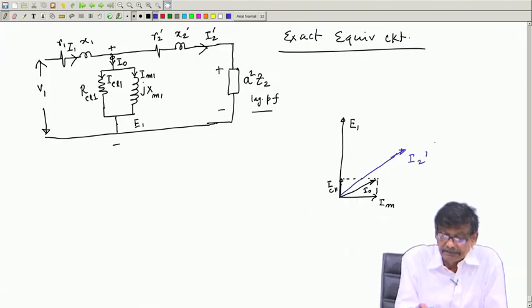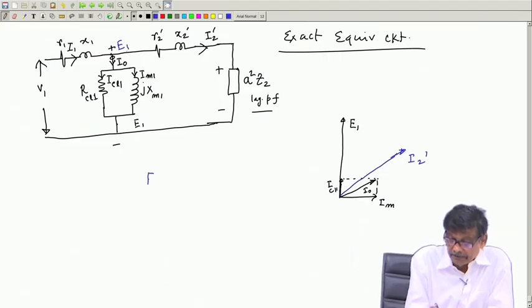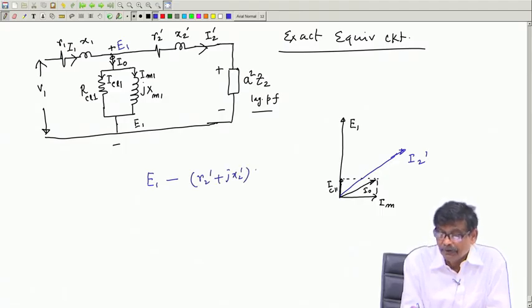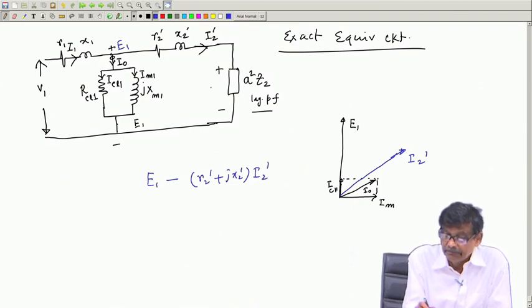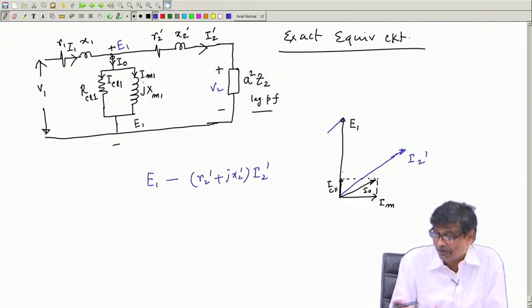If this voltage is E1, from E1 if I subtract from this phasor minus R2 dashed plus jX2 dashed into I2 dashed, I will get then V2. That is E1 minus I2 dashed R2 dashed. I will make it dirty, but you just try to understand how complicated it becomes, but it can be done.